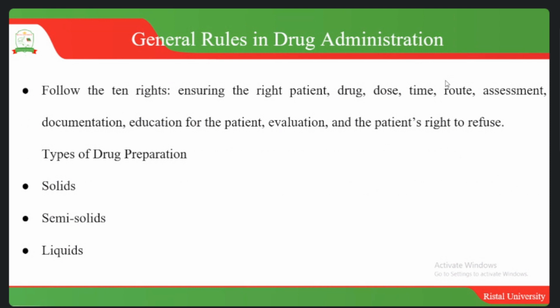When you assess, you have to see, is this drug really for this patient? Am I giving this drug at the right time? If it is every 8 hours, and maybe the first person gave in the morning, then you have to assess what time it is now. Has it really been 8 hours since the first dose was given? All that you have to look at before you start administering your medication.